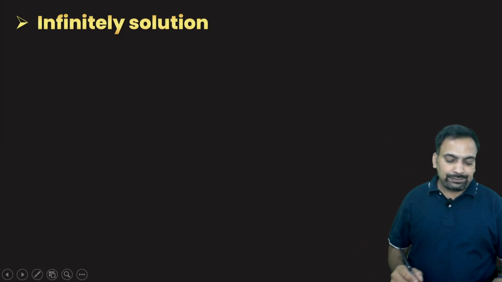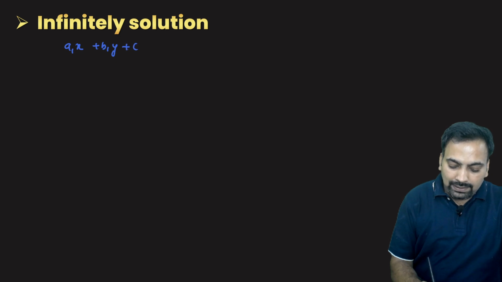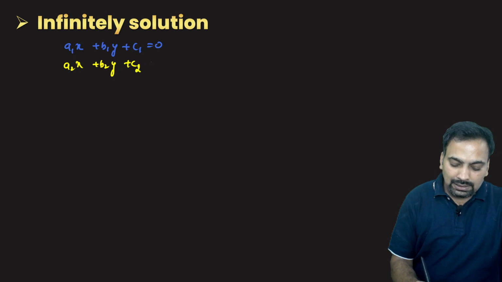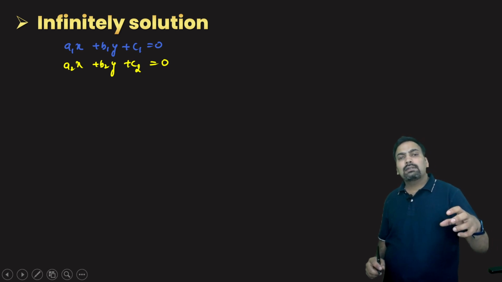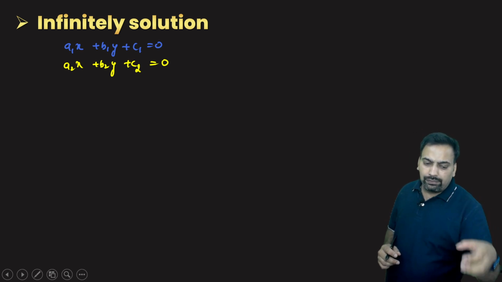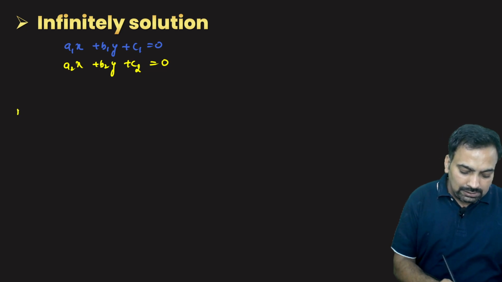Infinitely many solutions, very simple. If a1x plus b1y plus c1 is equal to 0, and a2x plus b2y plus c2 is equal to 0. So how do we understand directly from the equation that there is an infinite solution, just by finding the ratios? What is the condition?